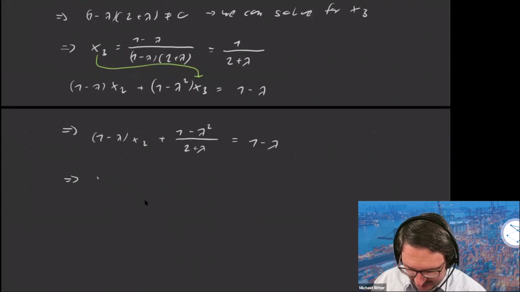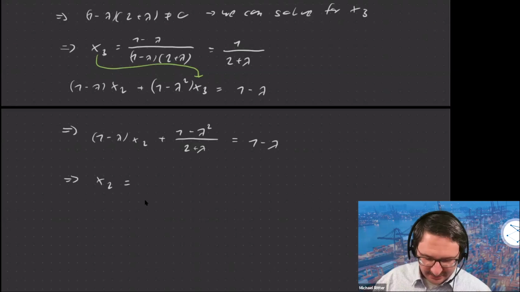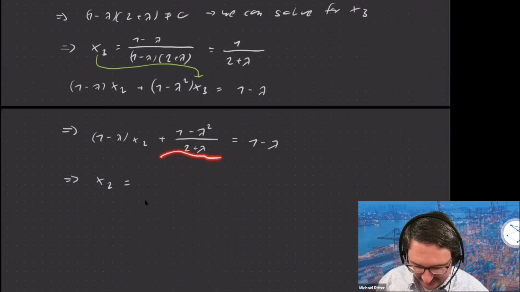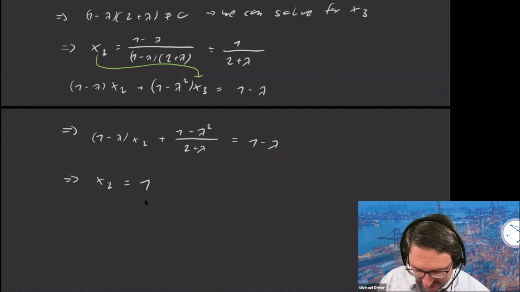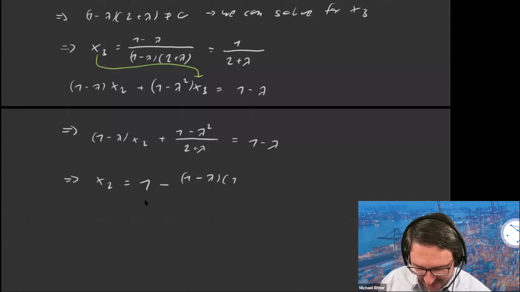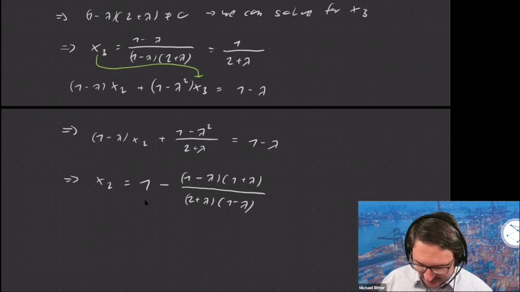So that means x2 is equal to, let's see, I have to divide by 1 minus lambda and move that part to the right-hand side. So this divided by 1 minus lambda is obviously 1. So I get 1 minus, where 1 minus lambda squared is the same thing as 1 minus lambda times 1 plus lambda, over 2 plus lambda, and I also divide that by 1 minus lambda, of course.